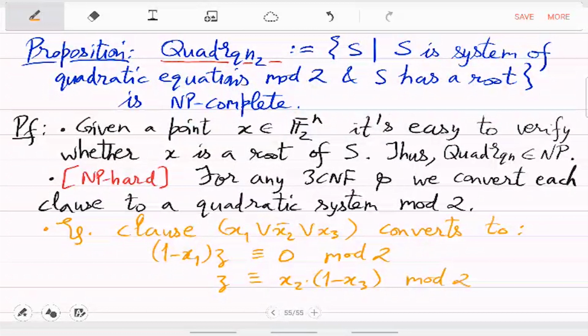Right. So either x1 is 1 or z is 0. If z is 0, then either x2 has to be 0, which makes the clause satisfiable because x2 bar becomes true, or x3 is 1, which again makes the clause satisfiable, right? So all these cases are covered. And you can see that these two equations, they are quadratic mod 2.